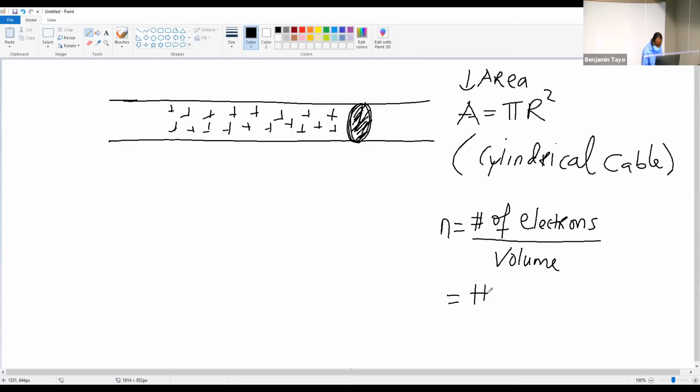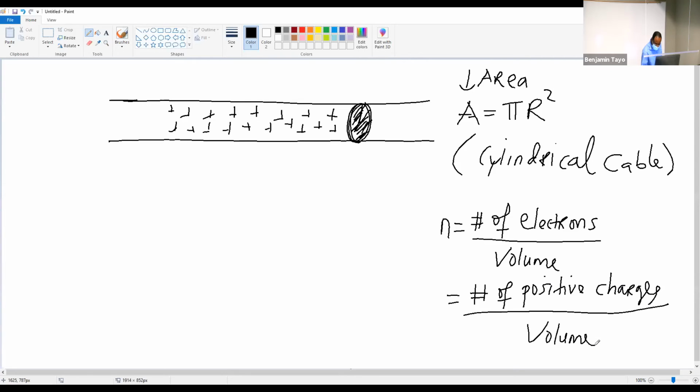So notice that this is also the same as the number of positive charges, because remember that the number of electrons and the number of positive charges must be equal.